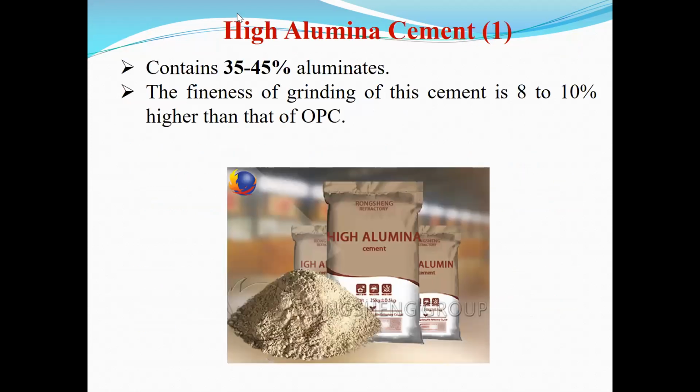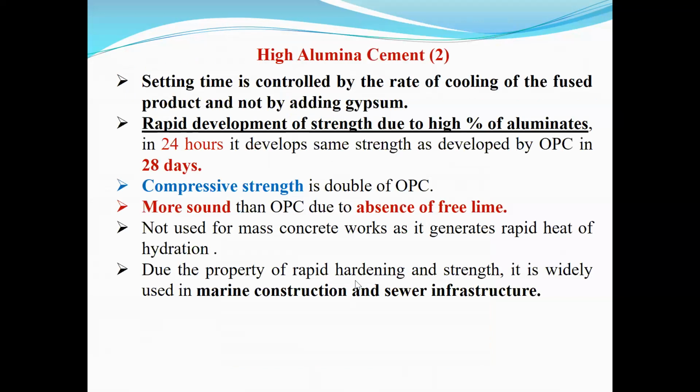High alumina cement contains 35 to 45% of aluminates, and the fineness of this cement is 8 to 10% higher than the OPC. So it is more fine than normal cement, and this is the commercially available form of high alumina cement, as you can see on the slide.